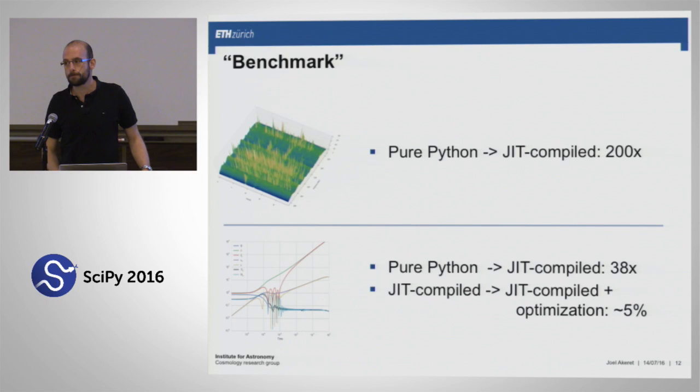Can I see the last slide, the backward slide? The performance? Just the improvement. So the question is, what was the optimization when I went from the normal JIT compile to JIT compile plus the optimization?